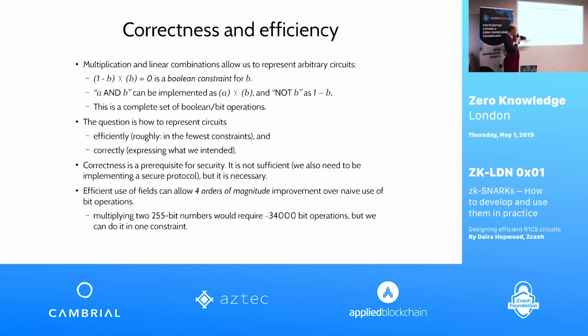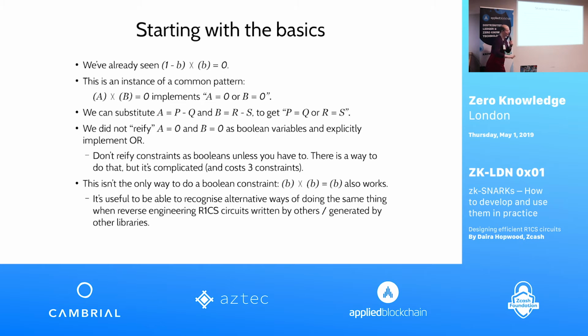But in an arithmetic circuit, we can do it in just one constraint. So that's the potential improvement we can get. Okay? So let's start with some basics. We already saw that A times B equals 0. Remember that these can be arbitrary linear combinations, and implement A equals 0 or B equals 0.